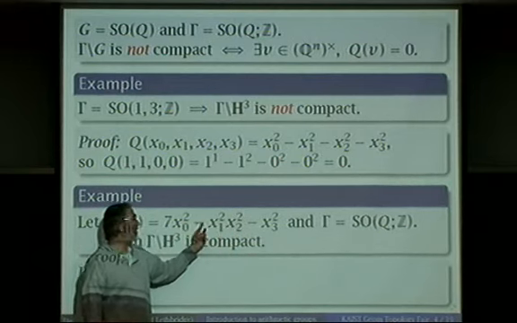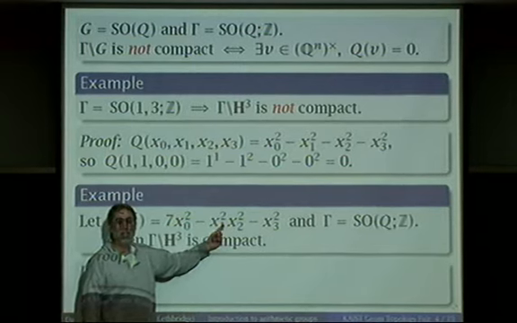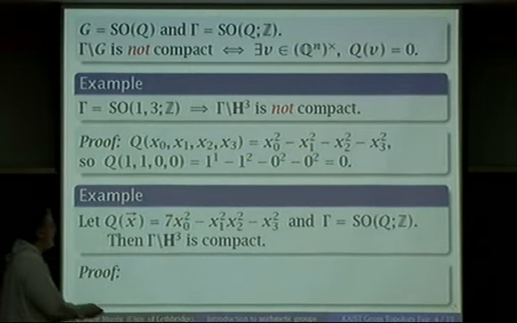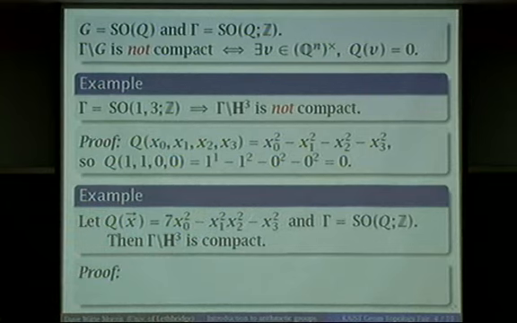And I got rid of it because I realized there shouldn't be 2 minus signs, but I didn't realize I put it in the wrong place. Okay? Yeah, so this is supposed to be, that's not a quadratic form, what I've got written there, because you need everything in degree 2. Yeah, so all I want to do is just change the 1 to a 7. Sorry, yeah, there should be a minus sign right there. It's a typo that I didn't catch. I said, I don't want 2 minus signs there, so that's what the notes say. That's what I fixed. I didn't realize there was a mistake somewhere else, too.